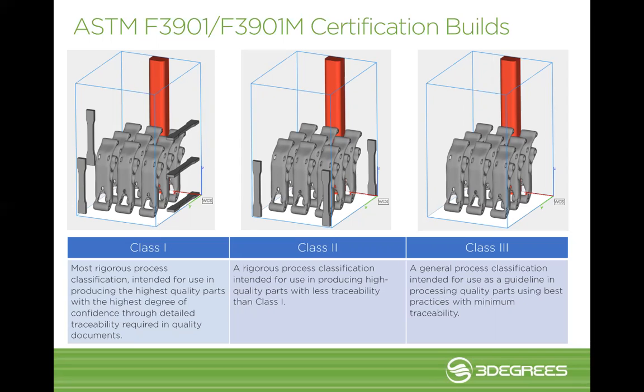So a few less parts that map the part, because you may not need as much documentation on that. And then class 3 is less rigorous, where you're not really capturing any of the data on the tensile parts as well. But you're starting to tier what level of part this is, and then how that maps to specific information that you'd want to incorporate in the build, and subsequently the files themselves.